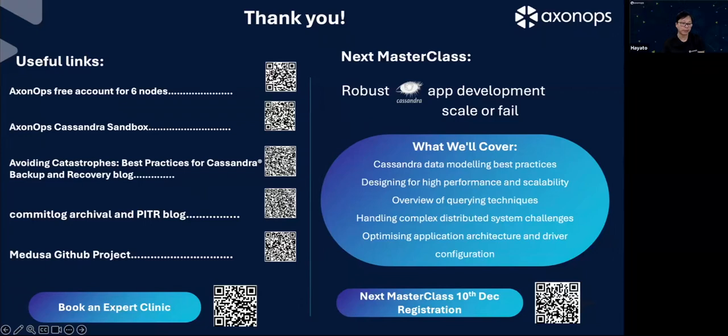AxonOps has the capability to reduce the bandwidth. Of course, it takes longer to push the files out, but you are obliged to follow what's available in the infrastructure. So yes, it can restrict or throttle the bandwidth.